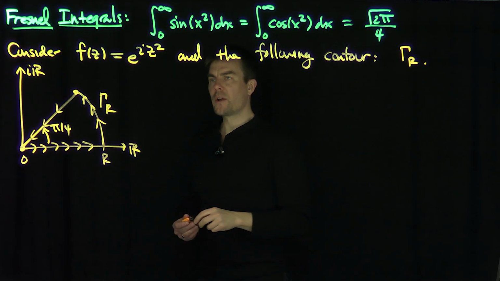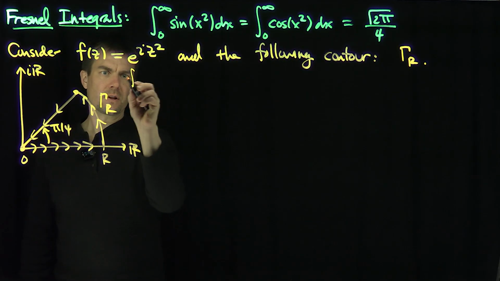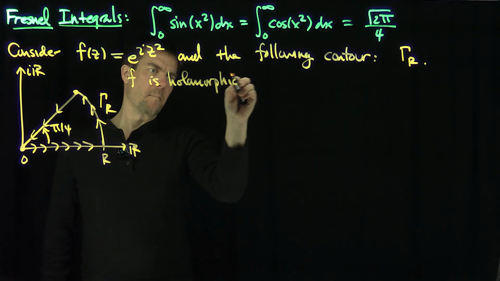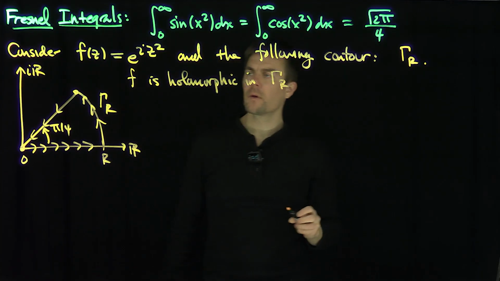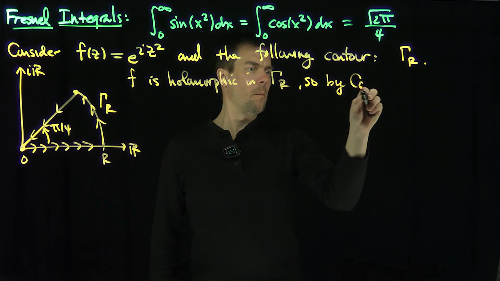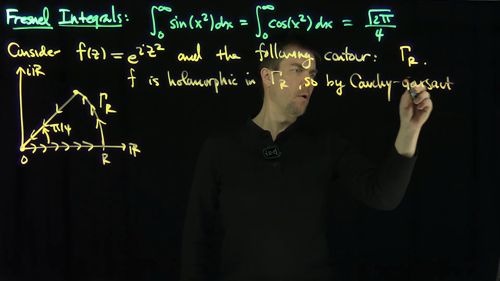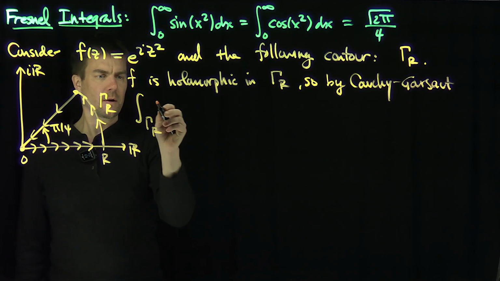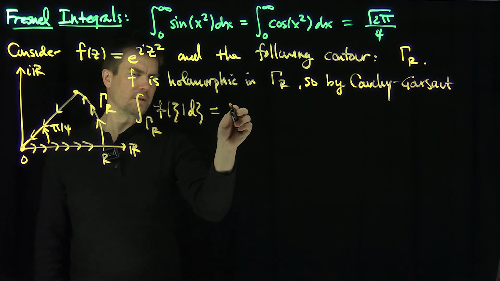Now I know this function f is holomorphic in here, so f is holomorphic in the interior of gamma r, and therefore by Cauchy-Goursat, we have the integral over gamma r of f of zeta d zeta is equal to 0.